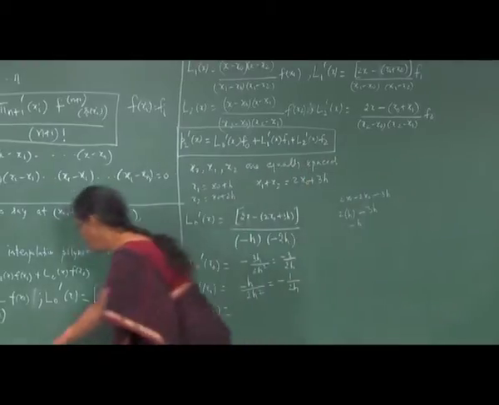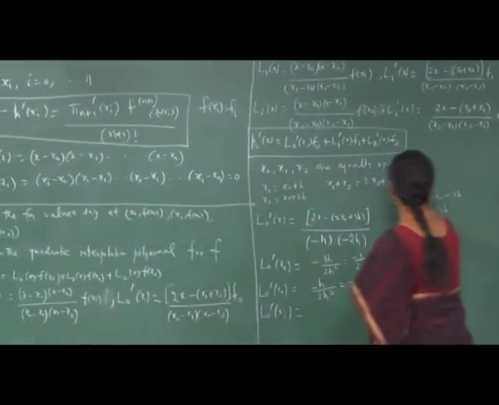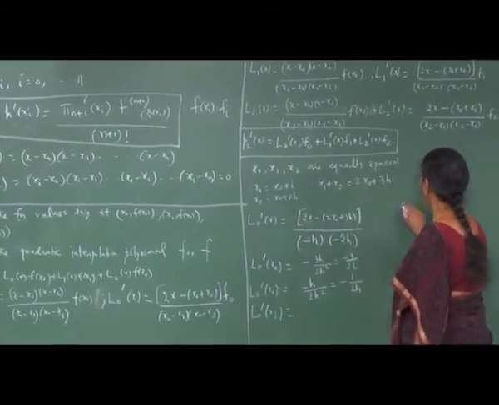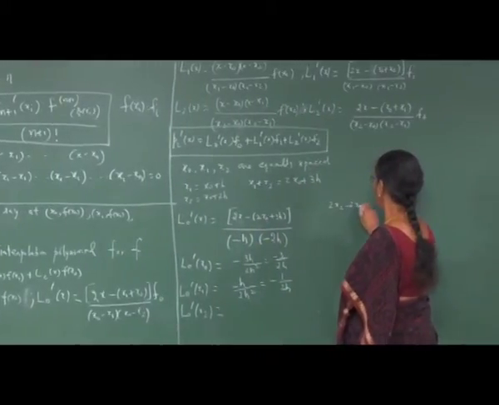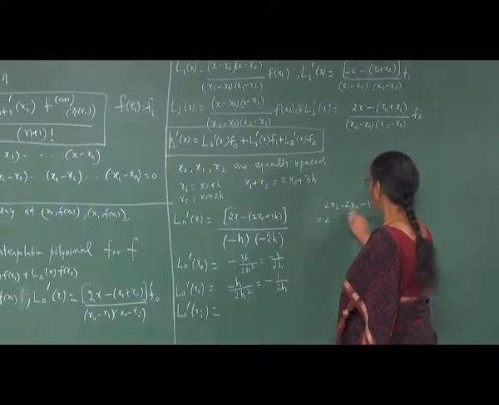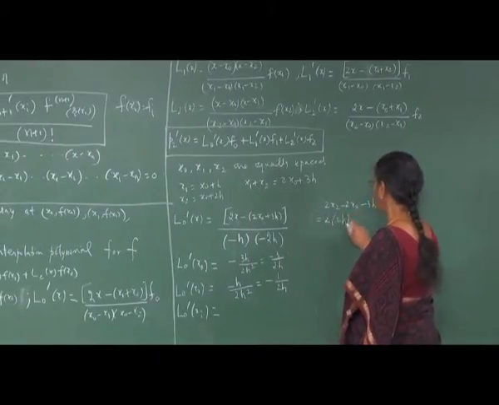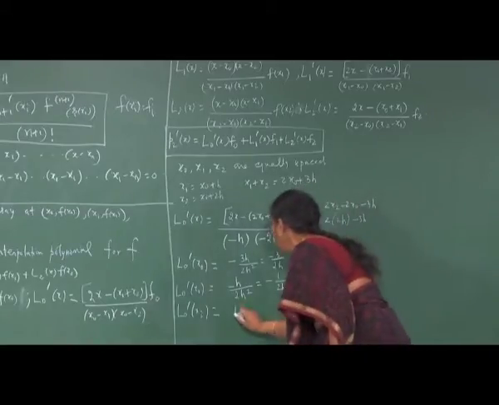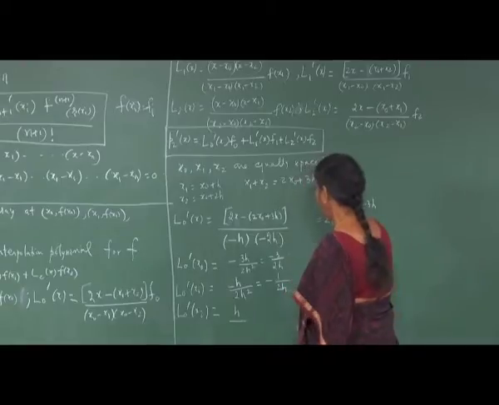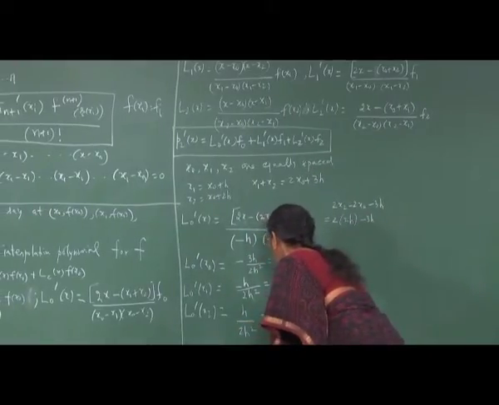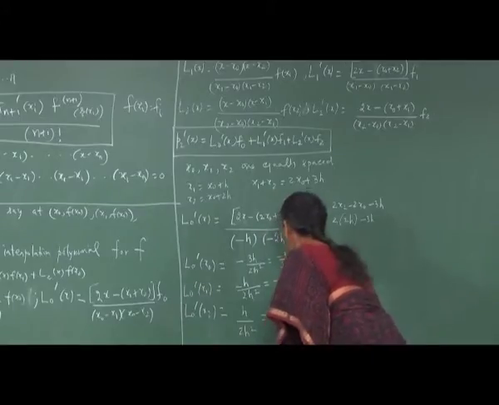So, let us now compute L0 dashed at x2. So, that will give you 2x2 minus 2x0 minus 3h. So, it is 2 into x2 minus x0, which is 2h, minus 3h. So, the numerator will be h, the denominator is 2h square, and so that will give you 1 by 2h.